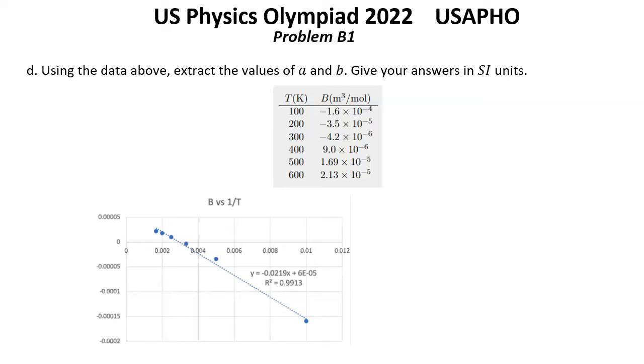The slope is negative A over R, and the y-intercept is B. So the final result is A equal 0.18 and B equal 6 times 10 to the power negative 5 in SI units. Any answer within 20% of this is acceptable. That was the solution for question D.